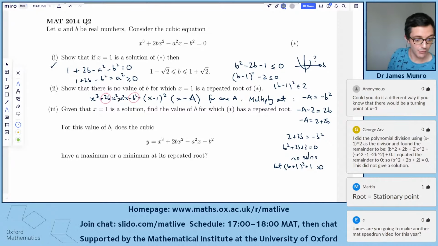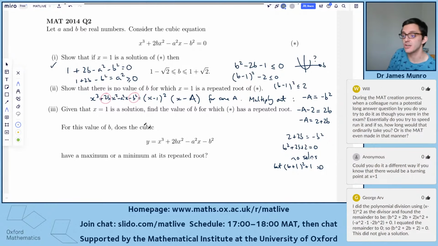Good, okay. Looking for turning points. If I know there's a turning point at x equals 1, then I can think about the turning points. Yes, okay, quickly, turning points. If there's a repeated root, then x equals 1 would have to be a solution of the equation for where the turning points are, which is this equation, 3x squared plus 4bx minus a squared.